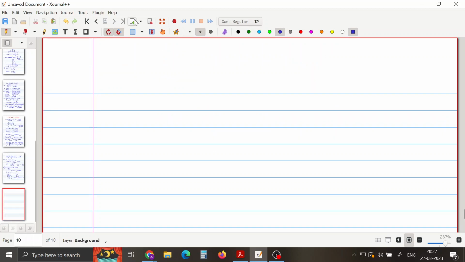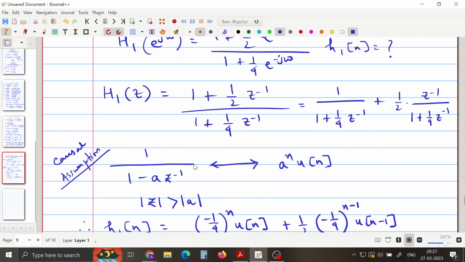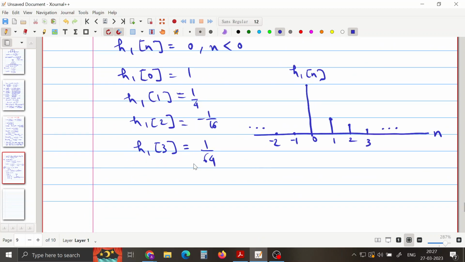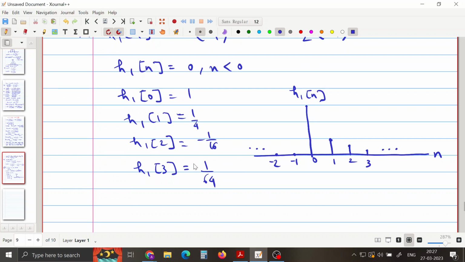So if it is minus 1 by 16, we'll be having it in the negative. Yes, tell me. They're having h1 of 2 equals minus 1 by 16, sir. Oh, right. Correct.